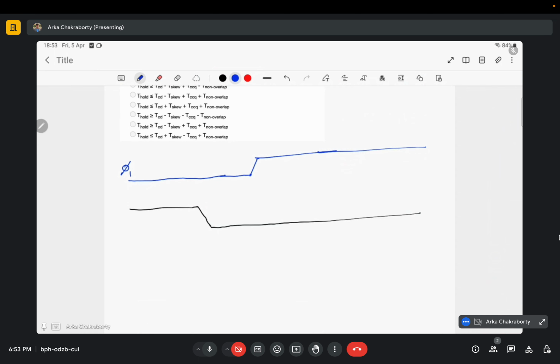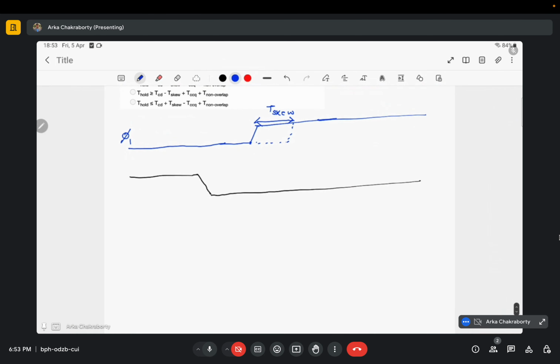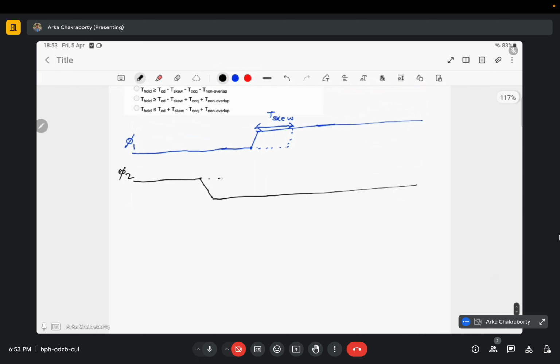Okay, so due to T skew, my clock can change path anywhere between this range. Similarly, this phi 2 also can change path between any of this position. Fine.